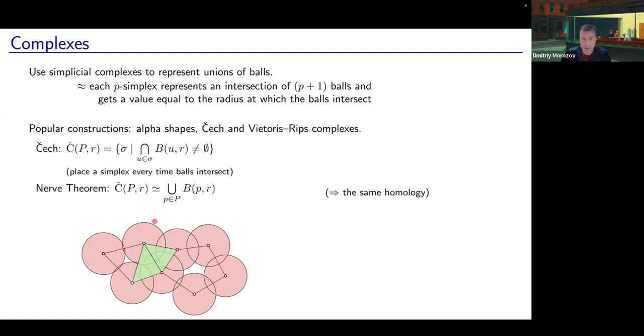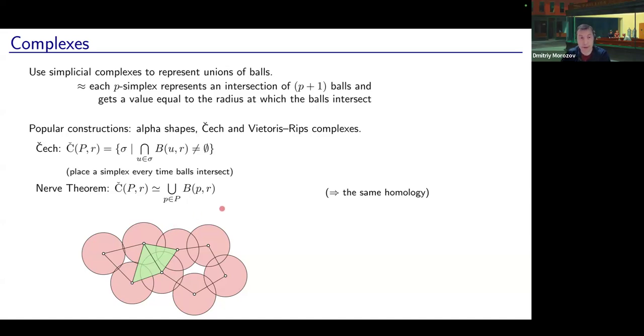For this union of balls, these two balls intersect, so we record an edge. These three balls intersect, and that's represented by this triangle. If we had 4 balls intersecting, we would have a tetrahedron.